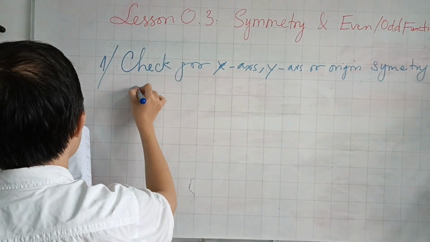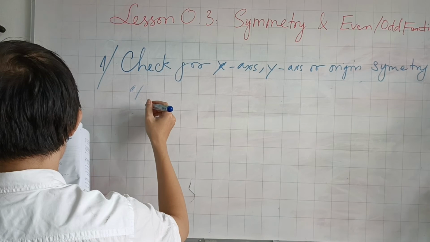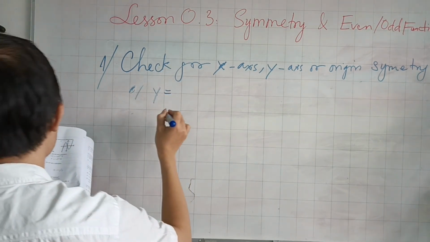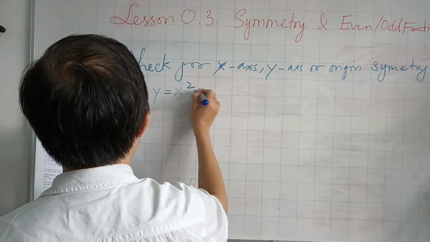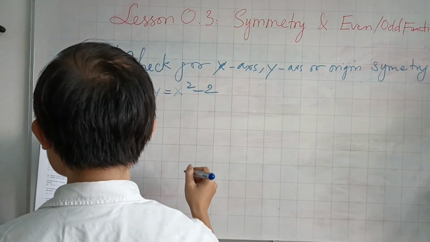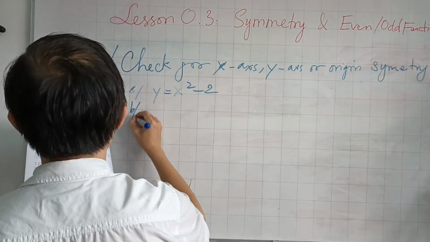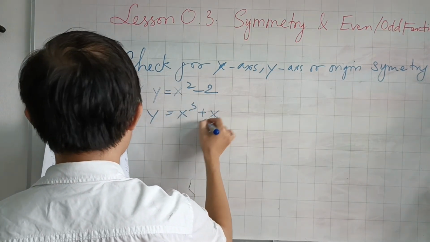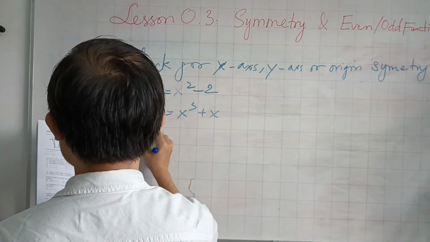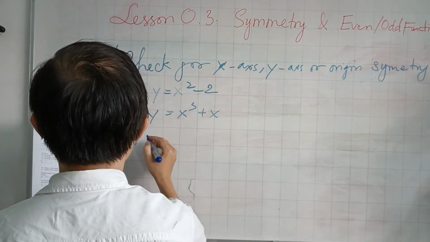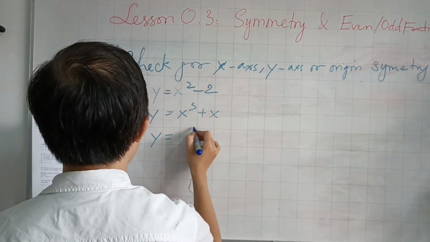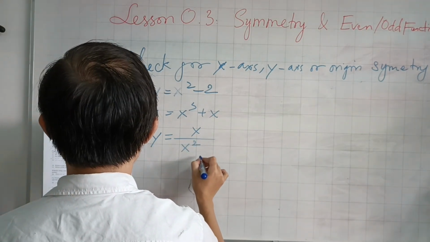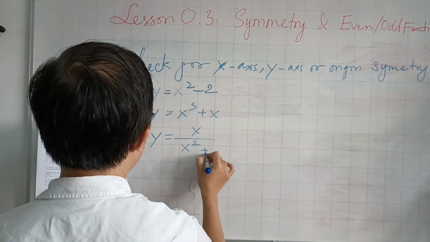A, y equals x squared minus 2. B, y equals x cubed plus x. C, y equals x over x squared plus 1.